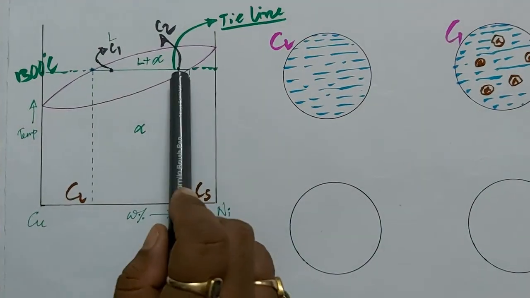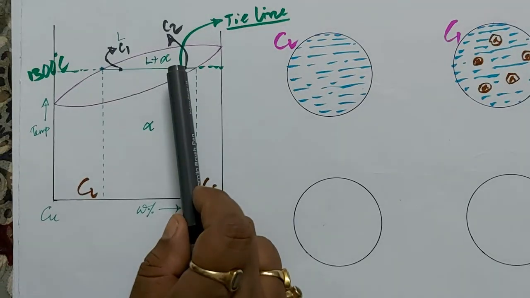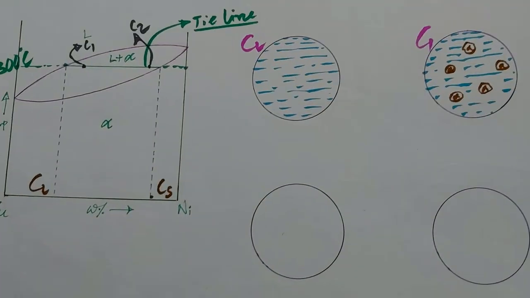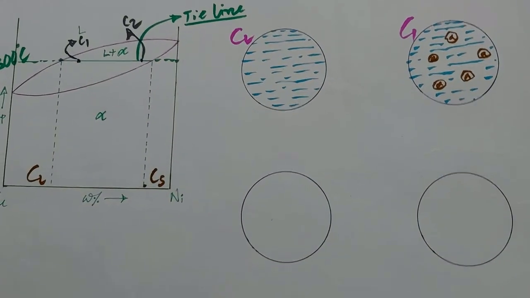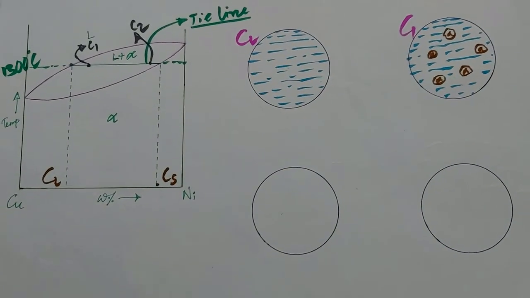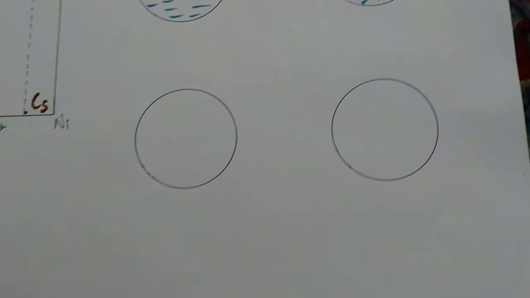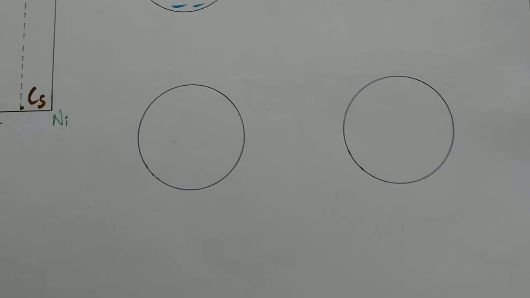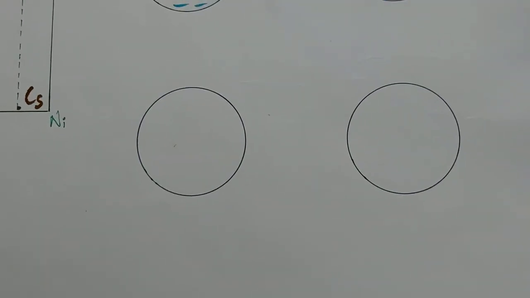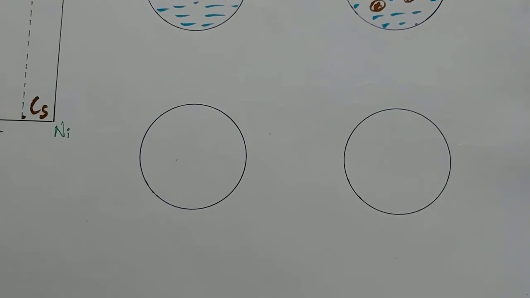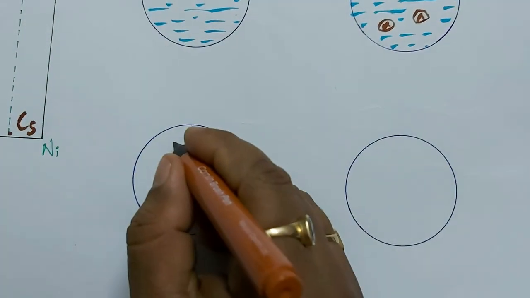So as this is near about solidus line, solid part will be maximum in this point, and little amount of liquid phase. So most of the part of this point has become solid.